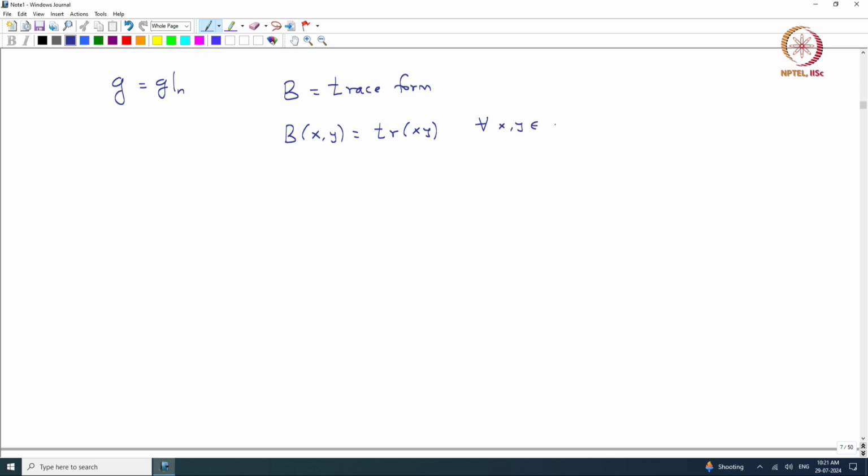So, if we take this trace form, it is easy to see that it is indeed non-degenerate. So, maybe I will leave it as an exercise. Verify B is non-degenerate.